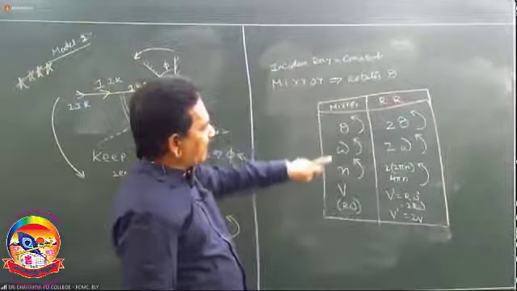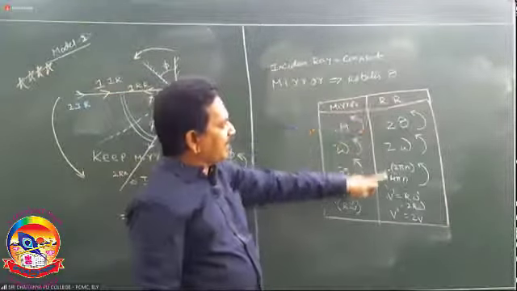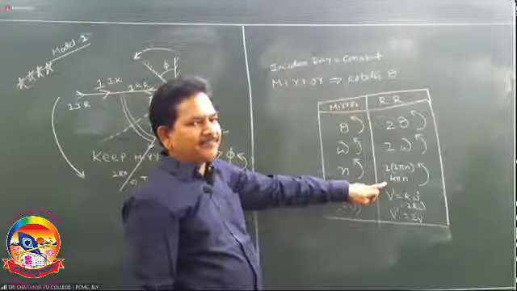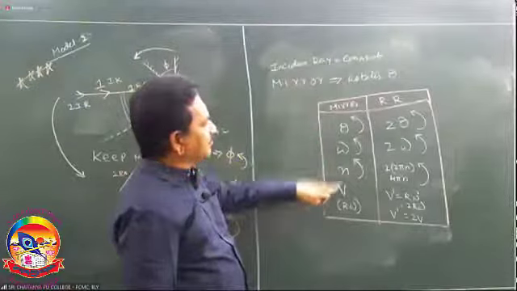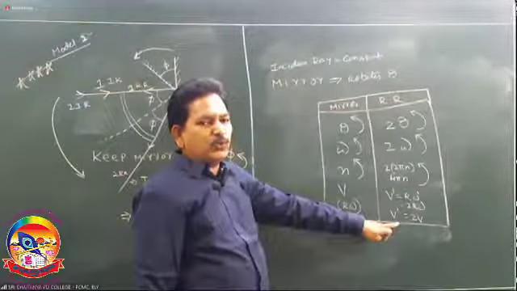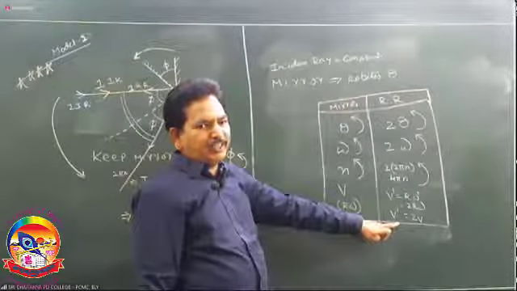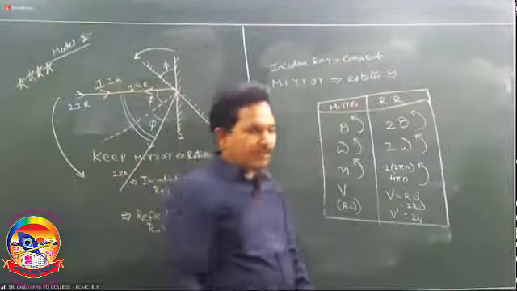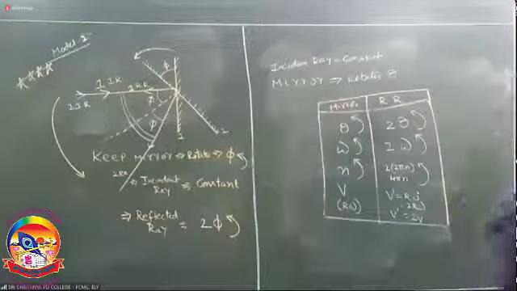Mirror rotates with frequency n, reflected ray rotates with frequency 4 pi n. Mirror travels with velocity v, reflected ray travels with velocity 2v. Most important concept. Have the screenshots.